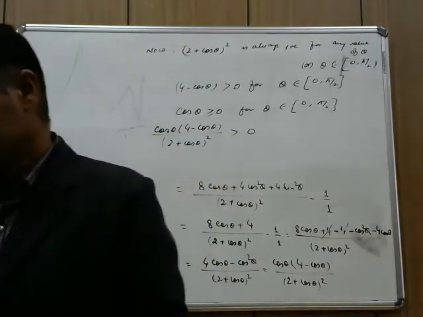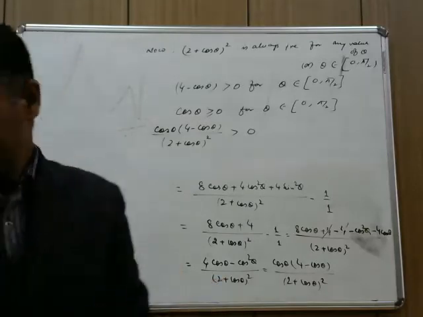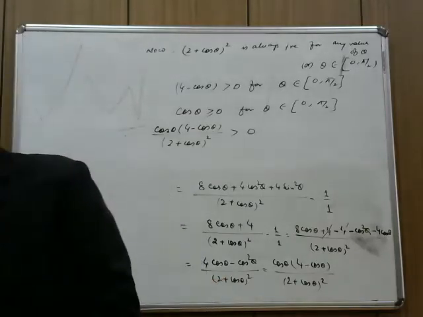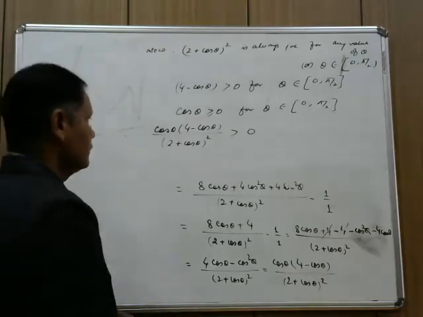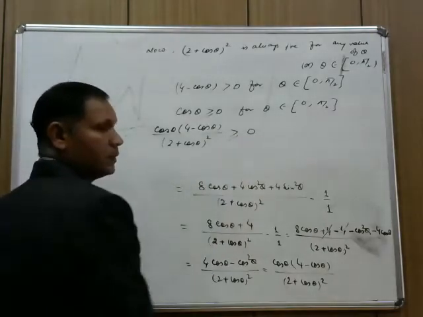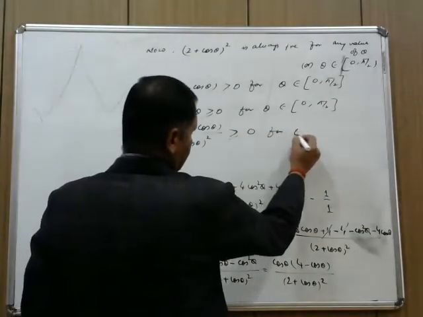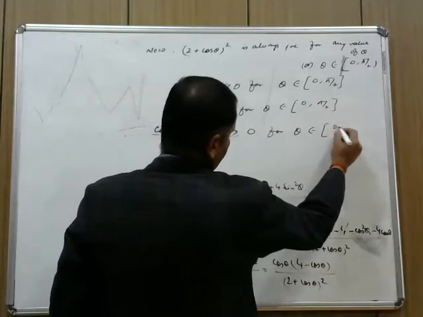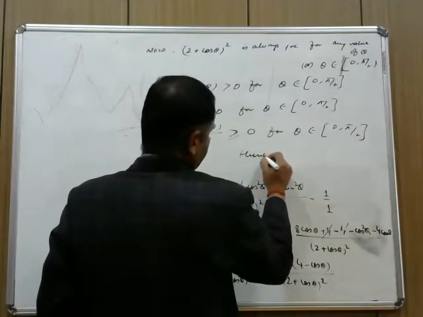Or we can write greater than or equal to; we are asked to find out increasing, and nothing about strictly increasing or strictly decreasing is in the question. It is written just increasing. Okay, fine. So it is greater than or equal to 0 for theta belonging to 0 to pi by 2, and hence the result.